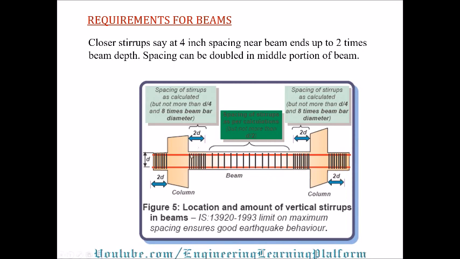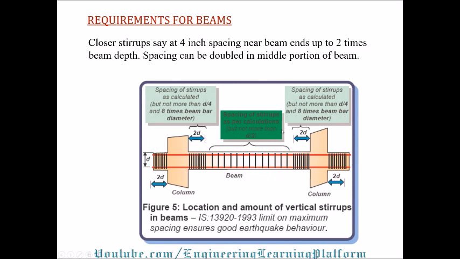The closer spacing is provided at 2 times the effective depth of the beam, and then in the center part of the beam the spacing of stirrups can be calculated easily utilizing the ACI formula, but should not be more than d/2.